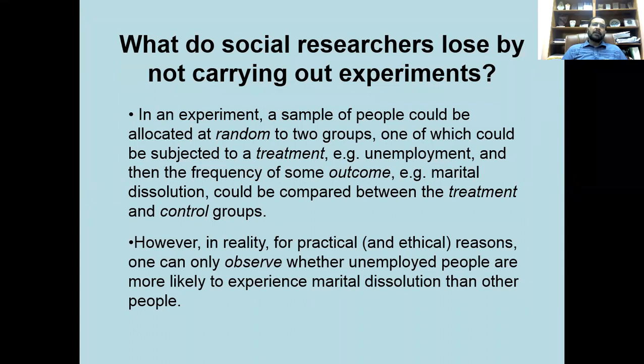Experiments help us provide the evidence, the output, and then we can realize whether it works well or not. In an experiment, a sample of people could be allocated at random to two groups, one of which could be subjected to a treatment. There are various ways by which we can have that experiment.